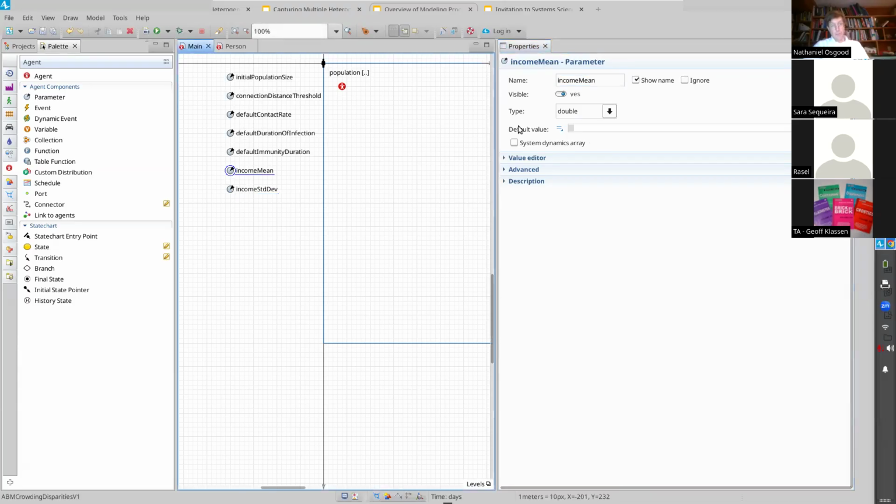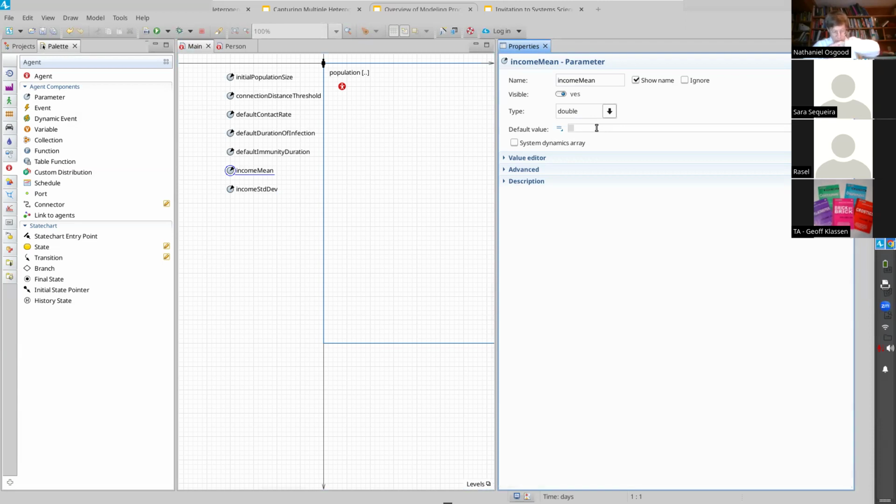Income mean, I'm going to make it for default. So this is monthly income. I should call it monthly income. Fine. Monthly income mean. Darn it. And I'm actually going to make this 3,000.